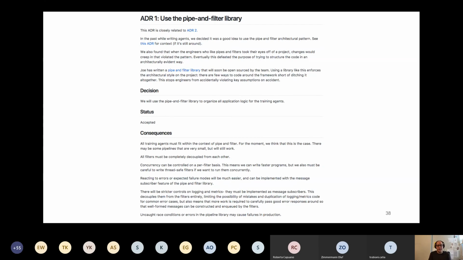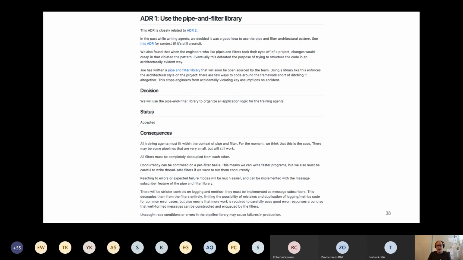The middle part there is basically just the decision itself. We'll use this pipe and filter library, and then as a result of applying that decision, the consequences the team was hoping to get had to do with mostly quality attributes around maintainability and reliability of the system overall. So a nice, neat little decision record there.